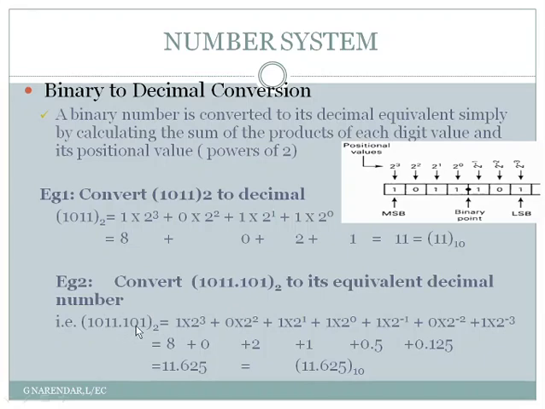The next digit is 0 multiplied with its position value, 2 power minus 2. The next is 1, multiplied with 2 power minus 1. And here 1 multiplied with 2 power 0. And this 1 multiplied with 2 power 1. And this 0 multiplied with 2 power 2. And this 1 multiplied with 2 power 3.